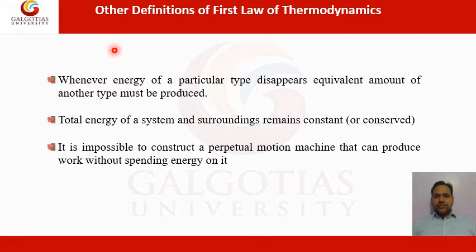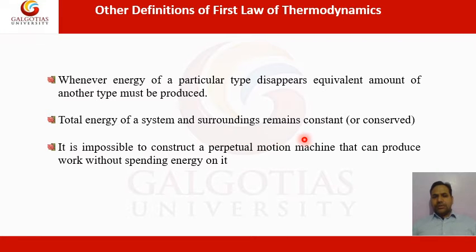Here we are showing other definitions of the first law of thermodynamics. Whenever energy of a particular type disappears, an equivalent amount of another type must be produced. Another form is that the total energy of a system and its surroundings remains constant, or conserved.